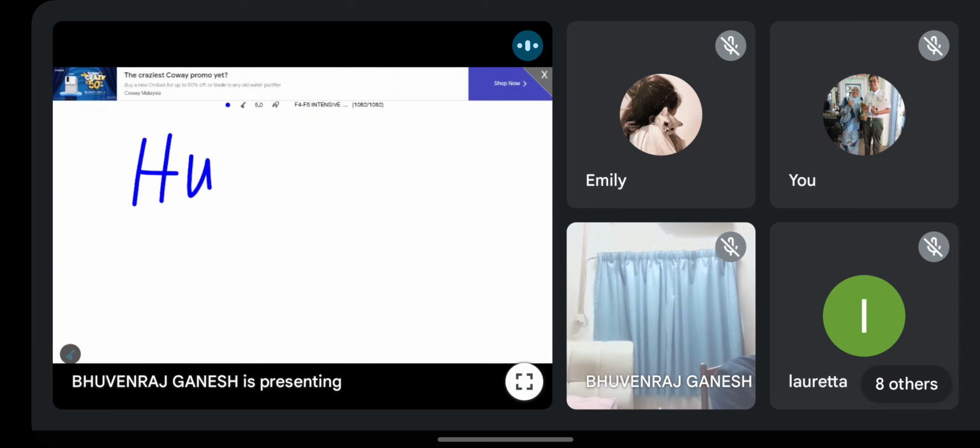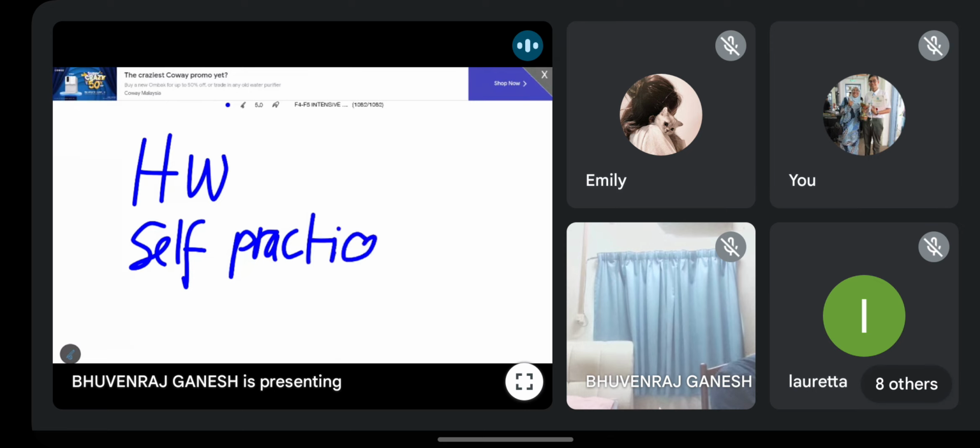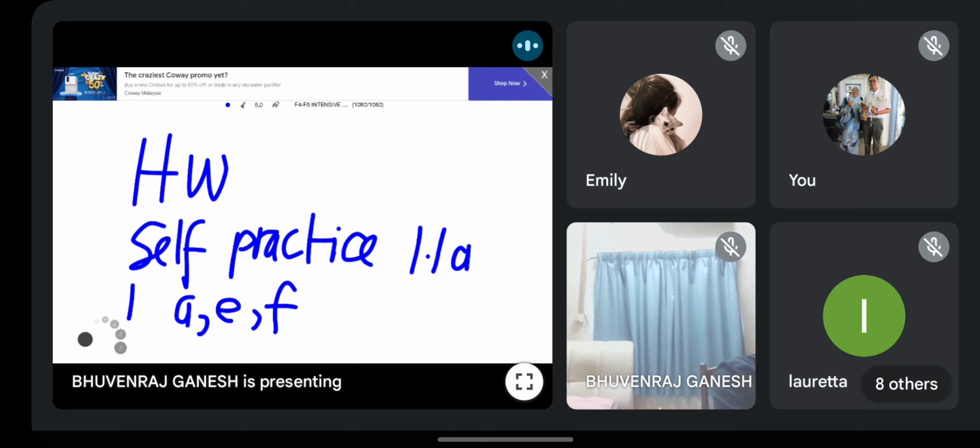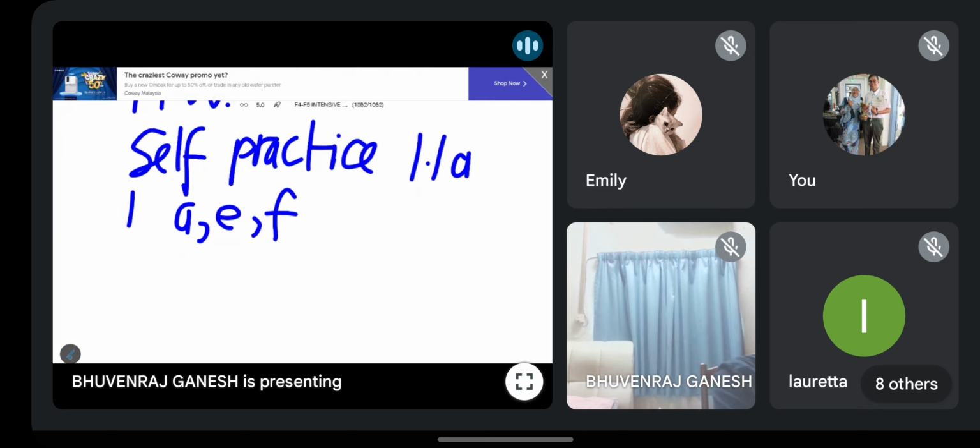Homework, from the textbook, based on what I taught, self-practice 1.1a. Number 1, I give you only A, E, and F. No need to do all. And then number 2, you just do D, G, and H.